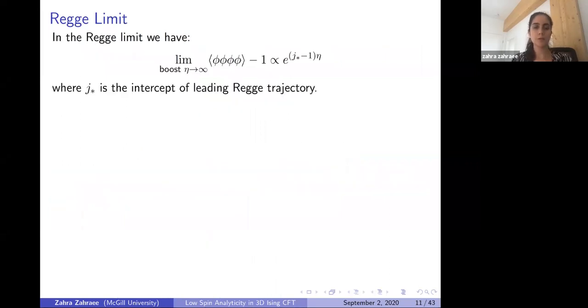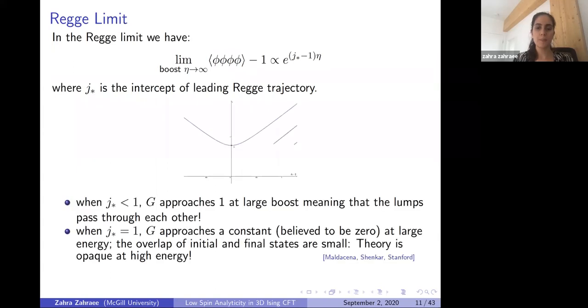From conformal Regge theory, we know that the large boost limit of the correlator that we just described is exponentially dependent on the boost factor, with the prefactor j star minus 1. J star is the intercept of the leading Regge trajectory, which is where the Regge trajectory intersects the j axis. When j star is less than 1, g approaches 1 at large boost.